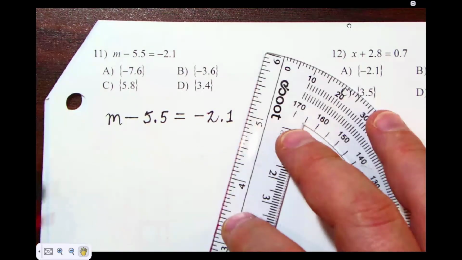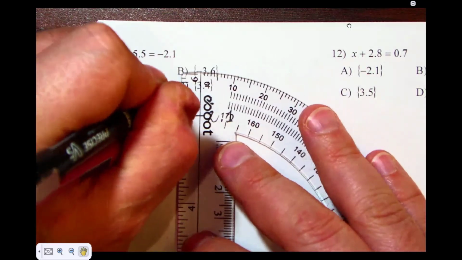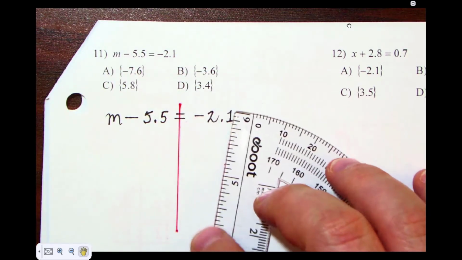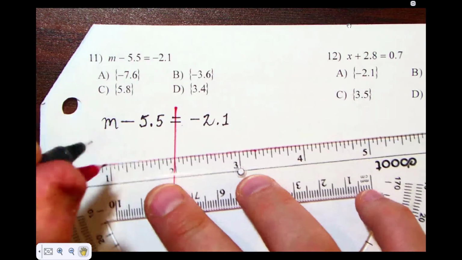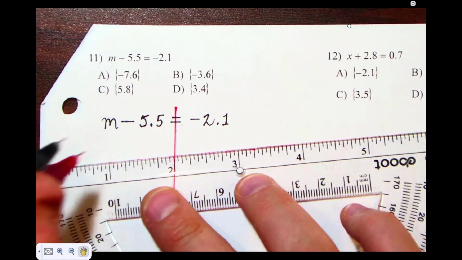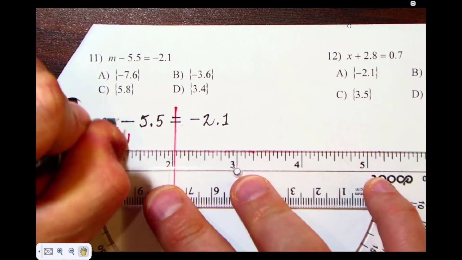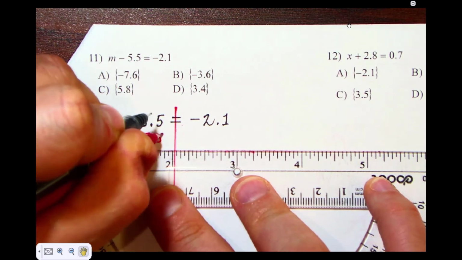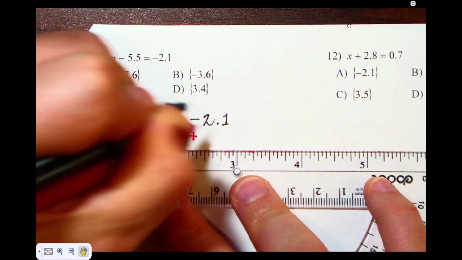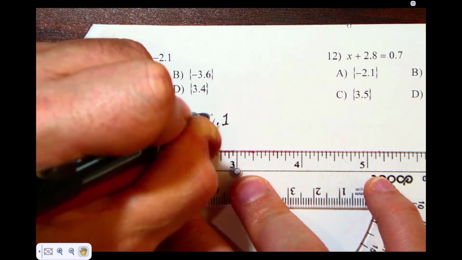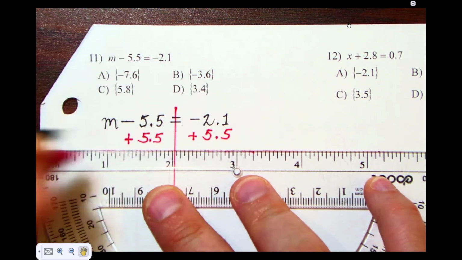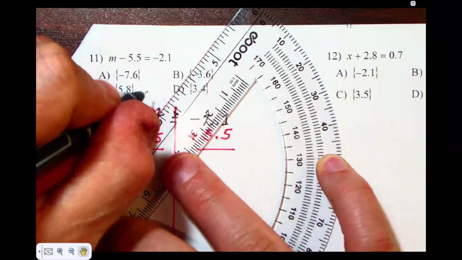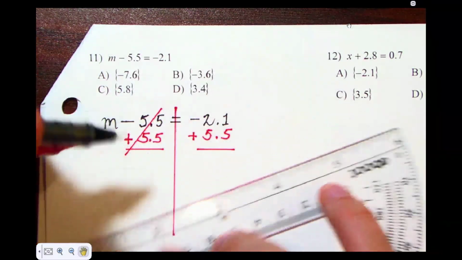Okay, well, first things first, I'm going to draw my red line. Just like that. And then reverse engineer this guy. This is negative 5.5, so I'm going to plus 5.5 on both sides. And here we're going to run into a little bear trap. Okay? You ever seen a bear trap before? Not something you want to run into.